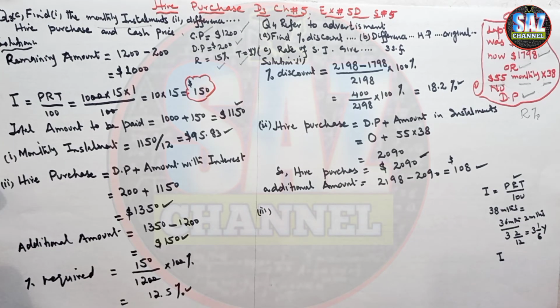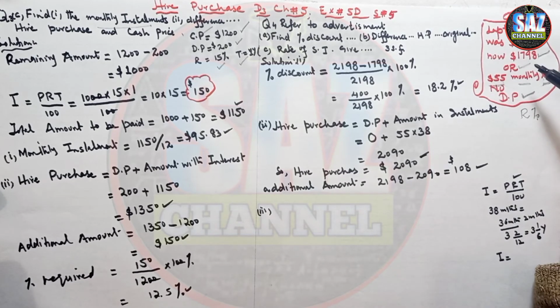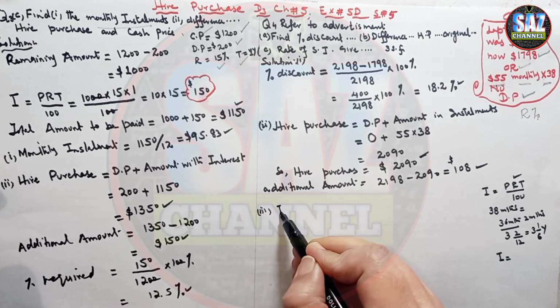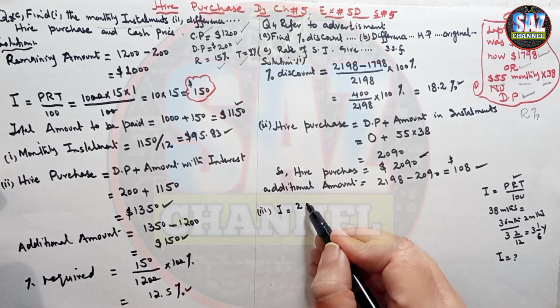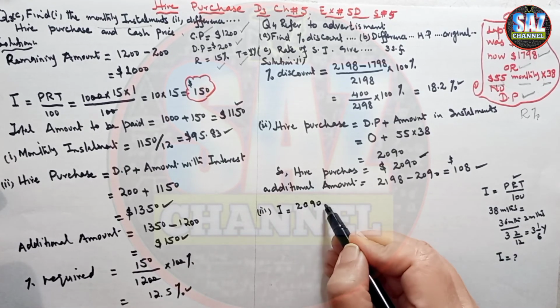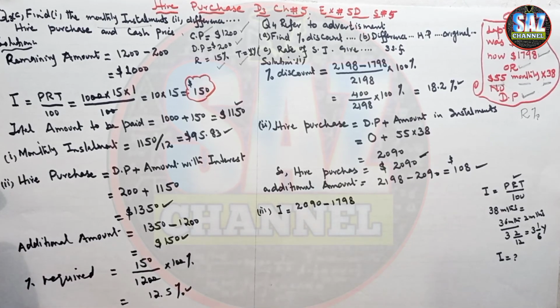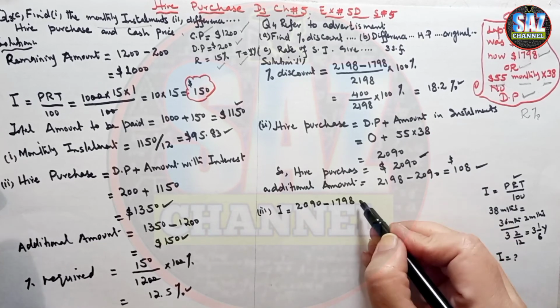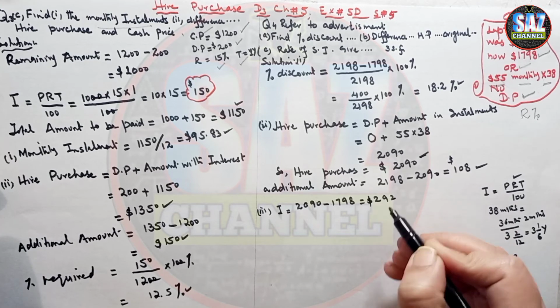Interest is the difference between your hire purchase price and your cash price. So the amount of interest is equal to 2090, that is hire purchase, minus 1798, which is $292. That is the amount of simple interest.